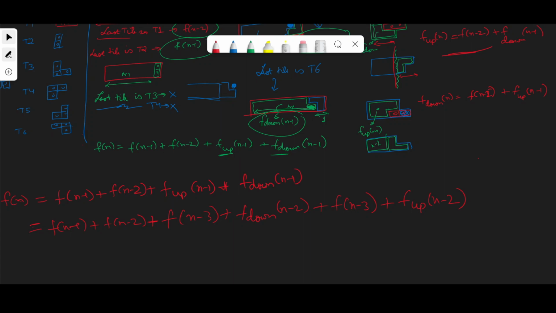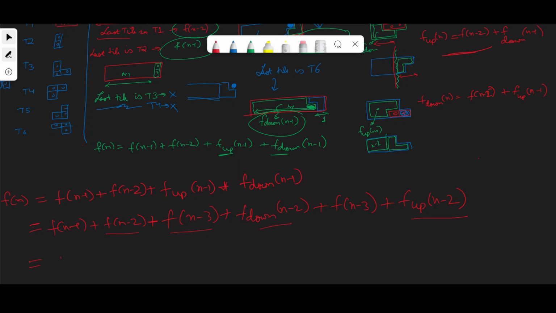Okay, so let's see what this is. So F of n minus 2, F of n minus 3, F up of n minus 2, F down of n minus 2. This is quite interesting.